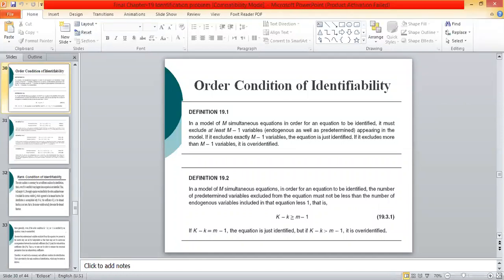The simple method is to look at the total number of variables in the model, which includes endogenous variables as well as predetermined variables.